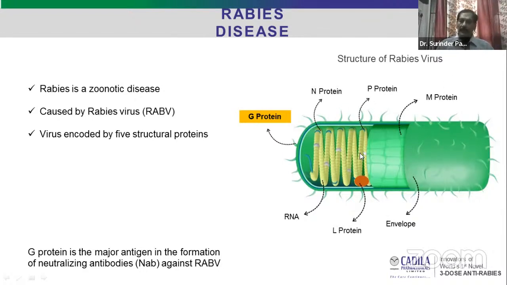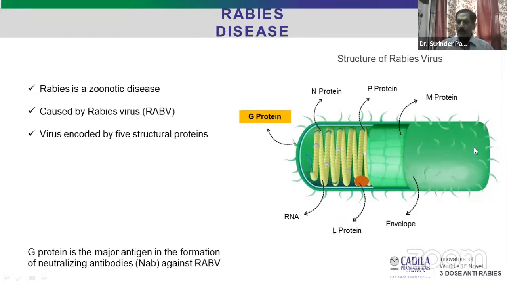So here, this is the bullet-shaped structure of the rabies virus. It has RNA in the center and an envelope outside. And this rabies virus contains 5 proteins: G protein on the surface itself, nuclear N protein, P protein, M protein, and L protein.